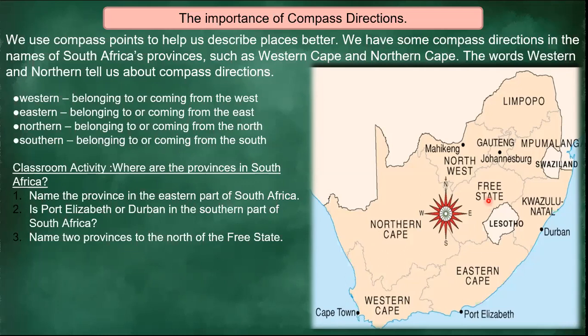So I have to name two provinces to the north of Free State. Yes, which are? They are Johannesburg. Yes, and the Northwest. The Northwest. Thank you. Your answer is now correct, Zoe.